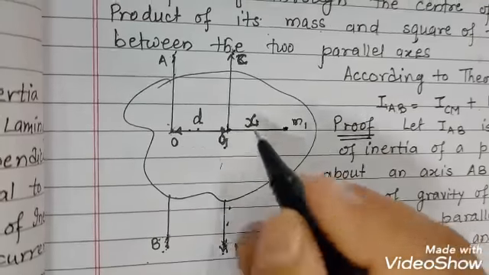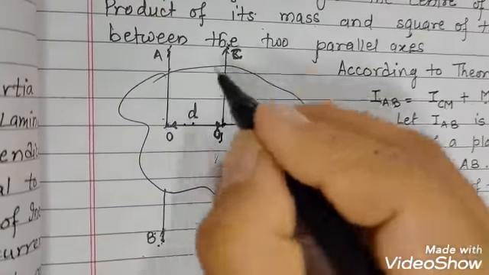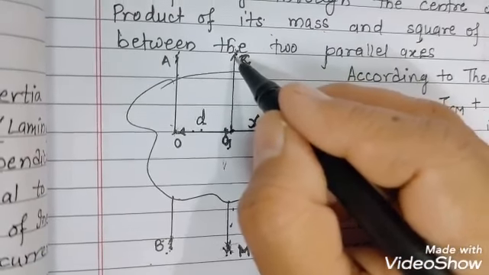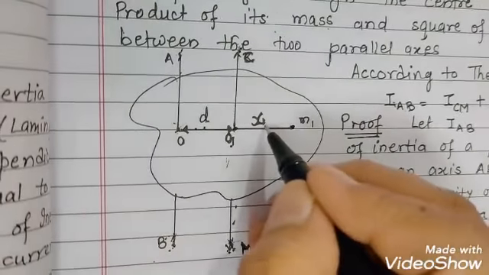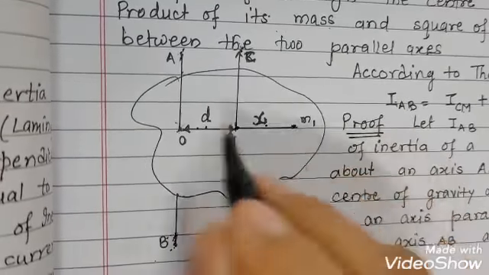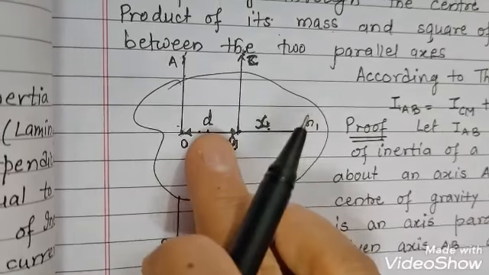So this is the distance of this particle from the rotational axis which is passing through the center of mass or the center of gravity, x, and the total distance of this particle from the axis AB is x plus d.